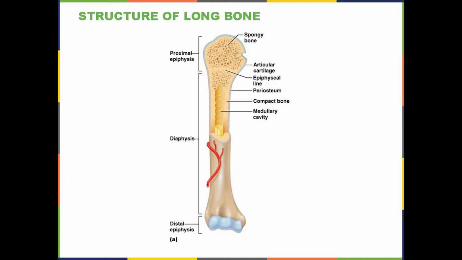Then covering the outside, we'll put in blue, is the articular surface. And this is the articular surface, and it's made up of hyaline cartilage.